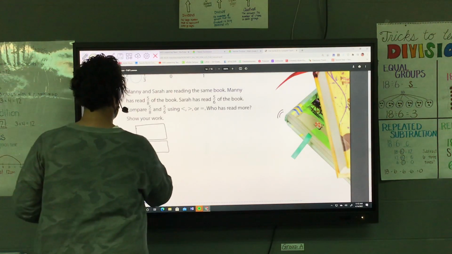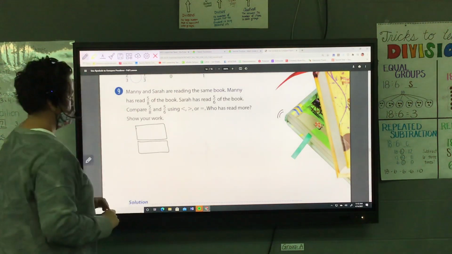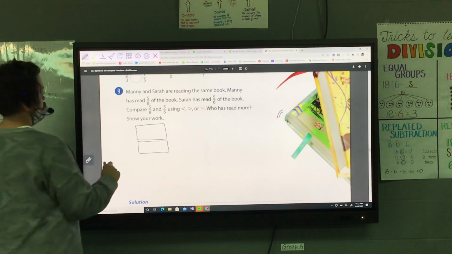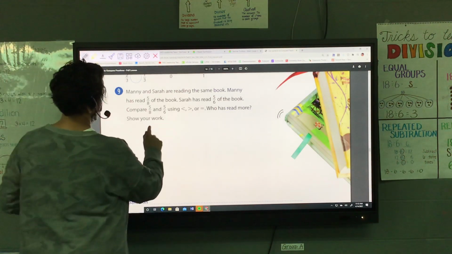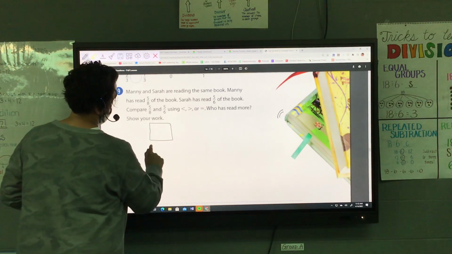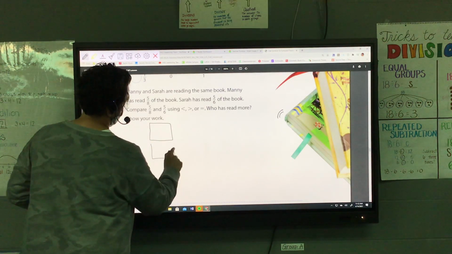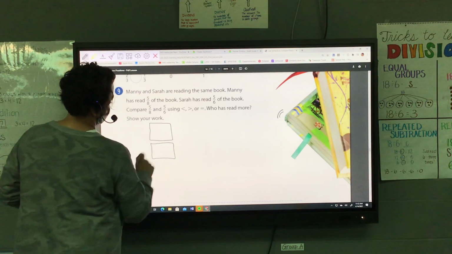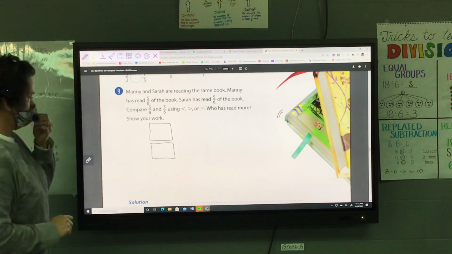So make sure that your rectangles, mine are not completely even, but make sure that your rectangles are the same size and as close to the same shape as possible.